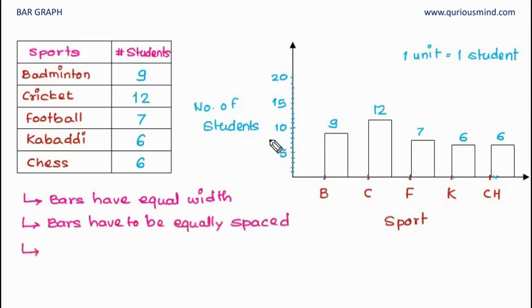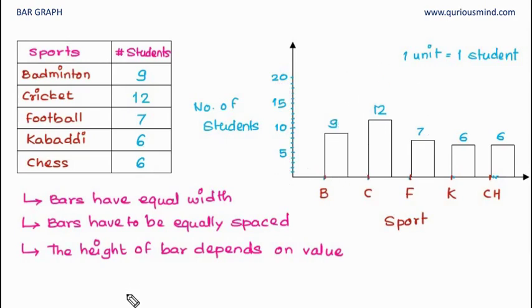The height of the bar depends upon the value, in this case, the number of students. We need to decide a proper scale so that the bars do not go beyond our graph. So it is vital to decide a proper scale.